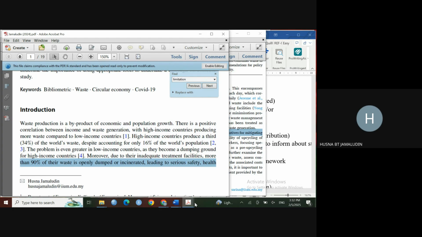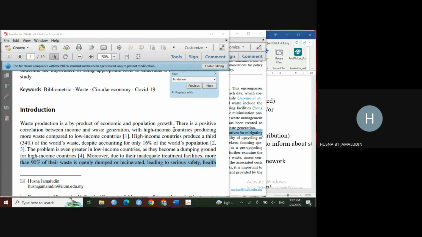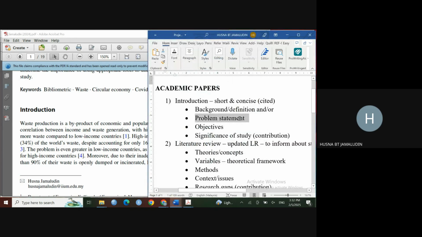I do have many papers, but I just want to stop here. I think these three examples should be sufficient to tell you what I mean by problem statement. Is it clear, everyone? Yes, madam.